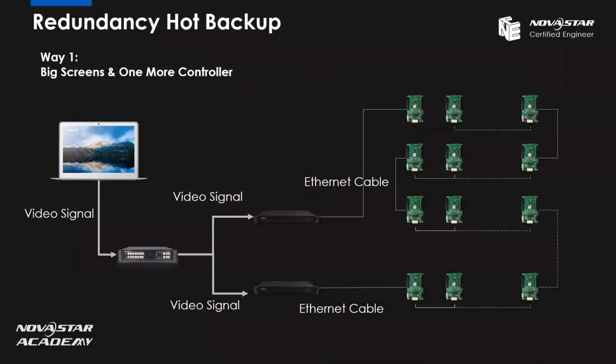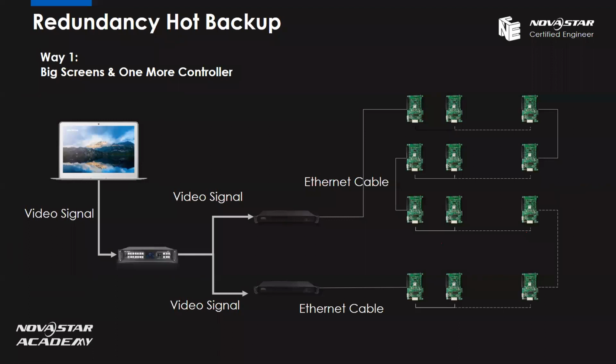So this is a chart for a very big screen, like a Full HD screen. In this figure, we can see a video signal coming from a MacBook, and it goes through a video processor, which splits the video signal into 2 sending cards. The sending card module here is the MCTRL 600.